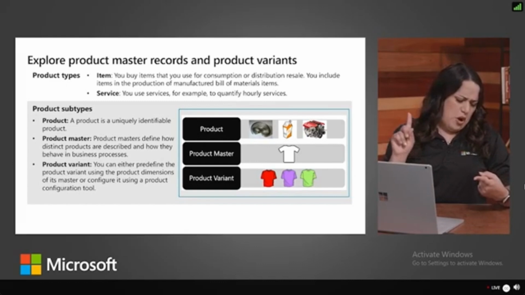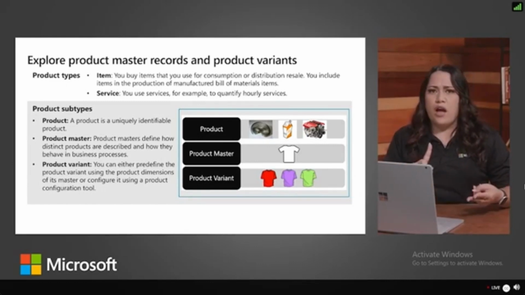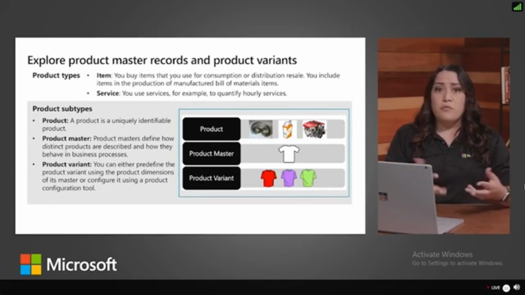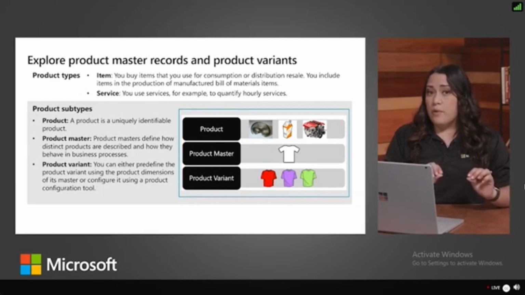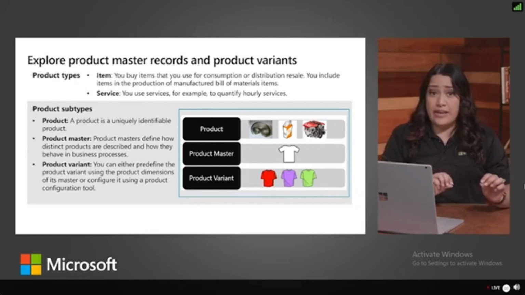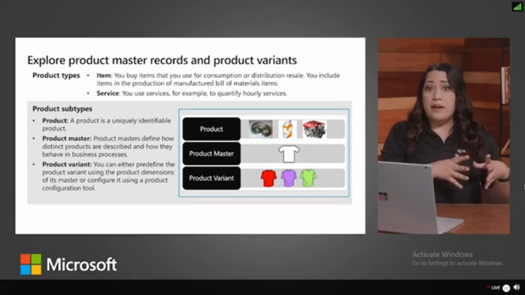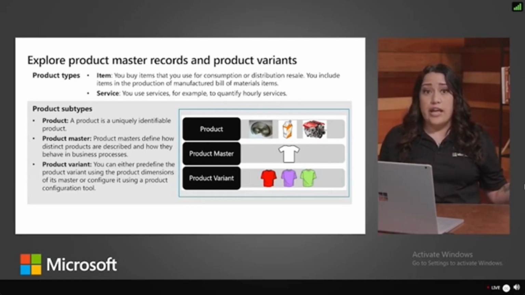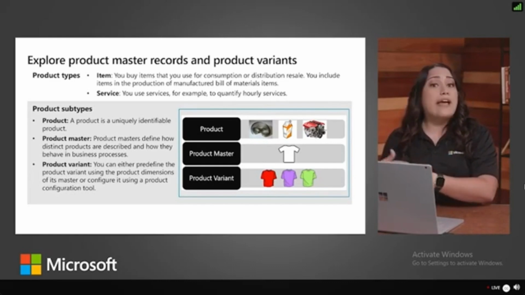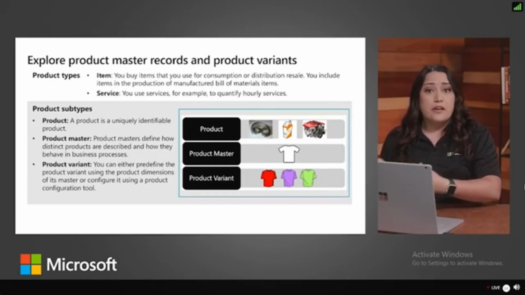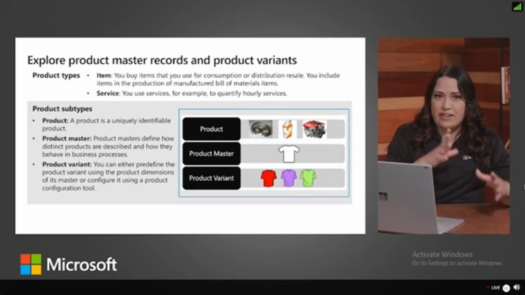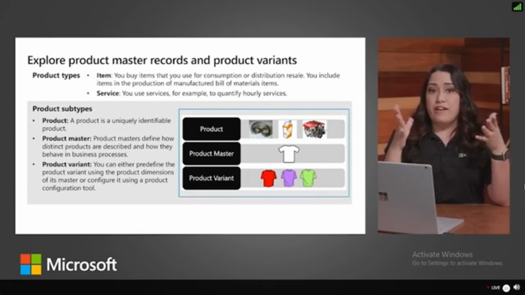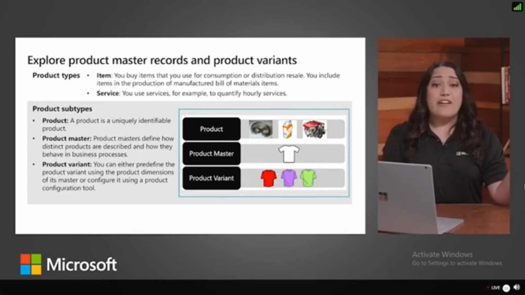We know what kind of material we want, we know what we want to make it out of, and we know how to make it. But with the product variant, we can make that exact same shirt, but it ranges in different sizes, like let's say from extra small to extra large. And what happens if we offer it in 14 different colors? The product master is giving us that base plan, but the variants have variances in them.